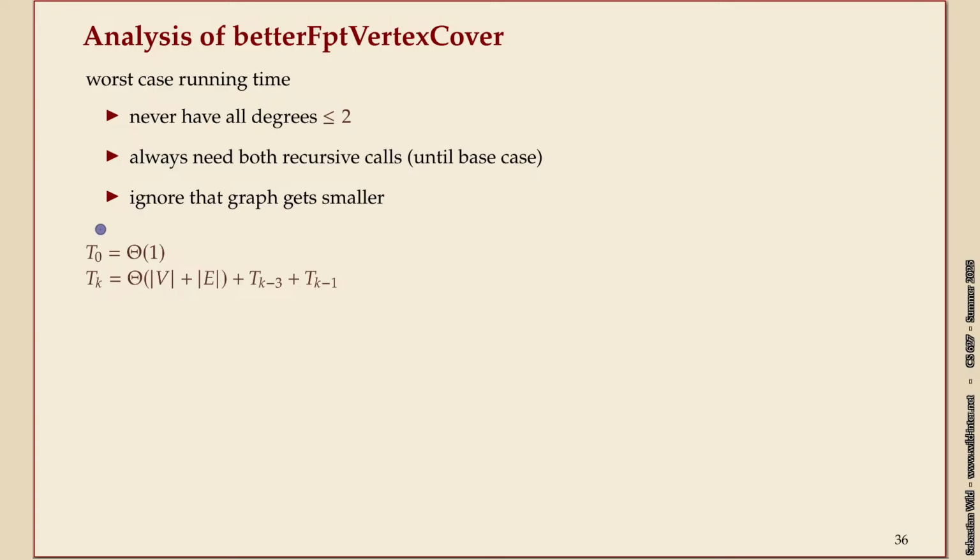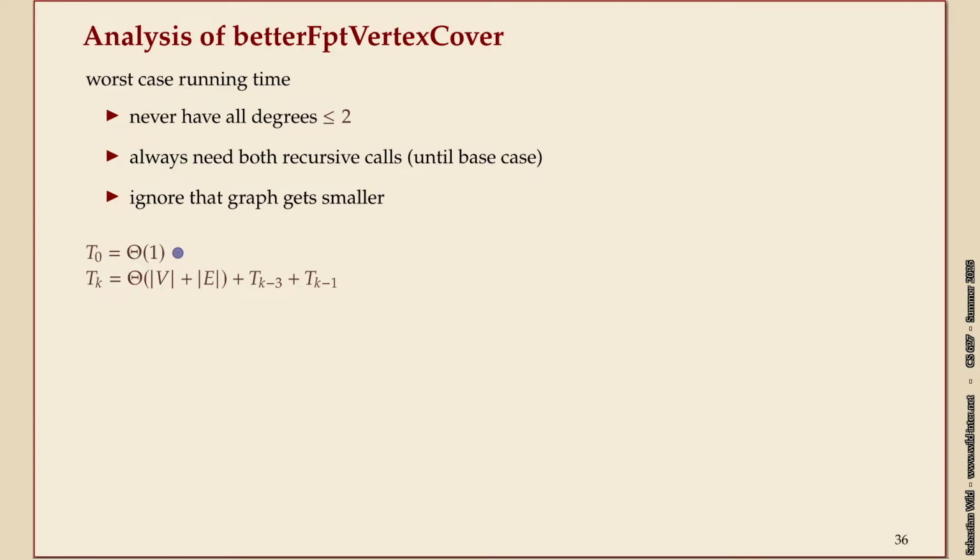So then what we get is a recursion in the parameter k. The graph we treat as staying the same size, or we upper bound the cost by the original size. But the parameter is what changes, and that's the interesting bit where we make progress. So if the parameter is 0, we pay constant time for the base case.